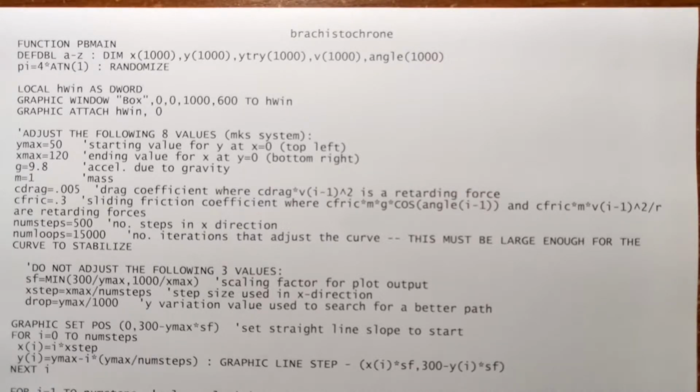All curves remain plotted on the output, so you can see the successive approximation process at work. Due to the random search method used, there will be very small variations in optimum time shown in the output at the end of each run when the same input values are used.